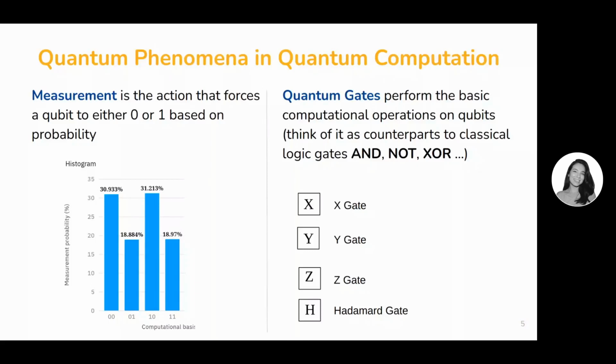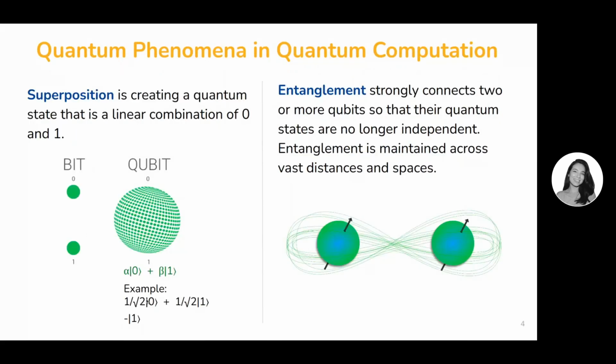The Hadamard gate, for example, is the gate that we use to go to the superposition state of qubits. So if we start with the state 0, which is the initialization of our qubit, and we directly apply the Hadamard gate, we will reach the state that we call state plus, which is mathematically 1 over square root of 2 times 0 plus 1 over square root of 2 times 1, which I introduced before.